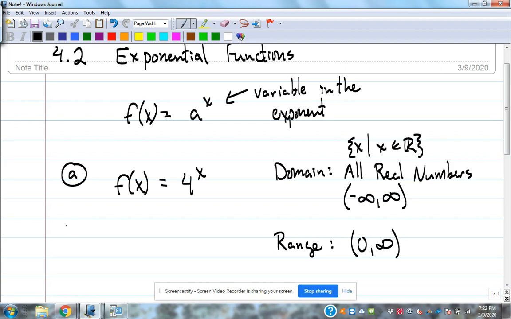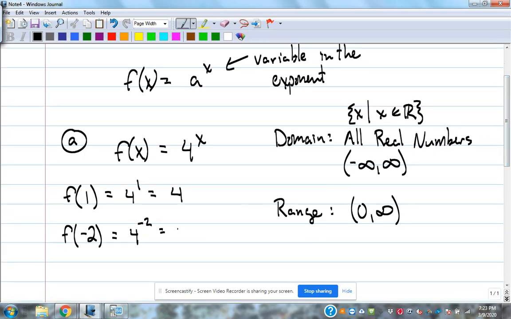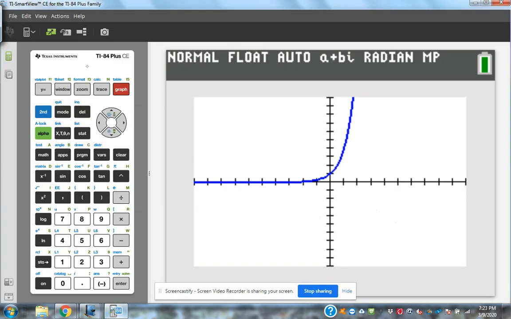Function values for exponential functions: f of 1 would be 4 to the first power, which is 4. If we did f of negative 2, that's 4 to the negative 2 power, which is 1 over 4 squared, which is 1 over 16. So just plugging in the x value is all that is. And if you wanted to do that with the calculator, you could.